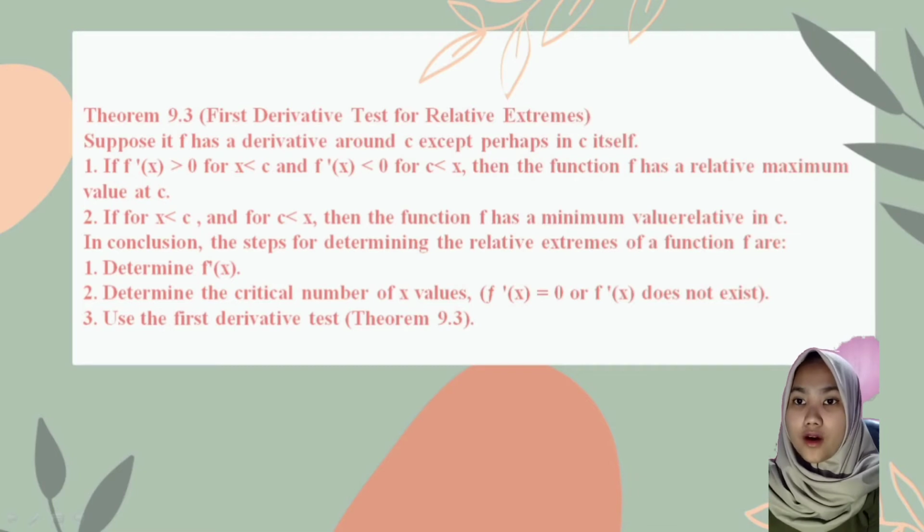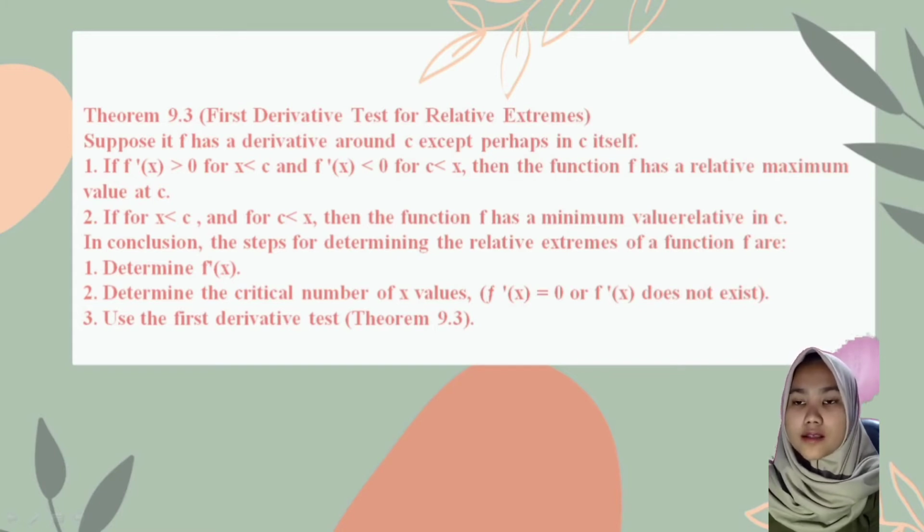2. If f'(x) is smaller than 0 for x smaller than c and f'(x) is bigger than 0 for c smaller than x, then the function f has a relative minimum value at c. In conclusion, the steps for determining the relative extremes of a function f are: 1.